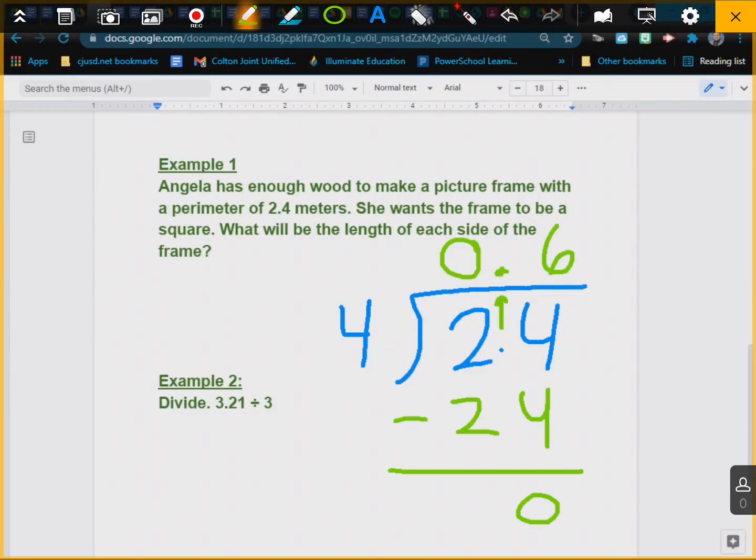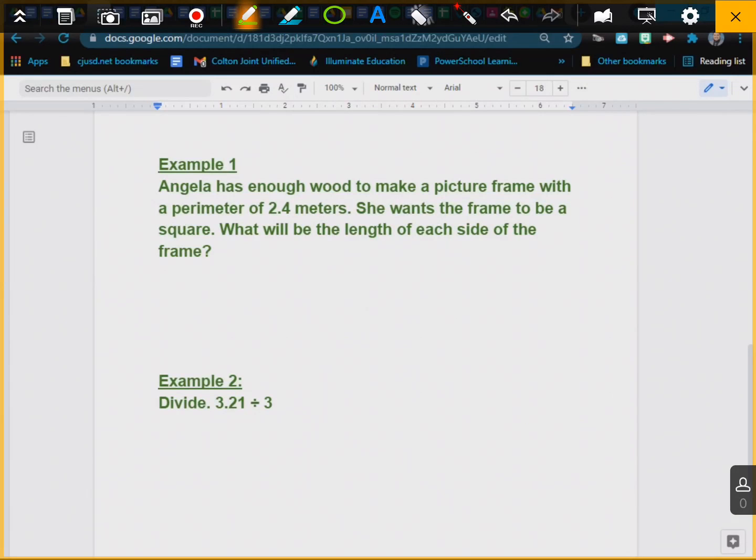I'll give you one more example. Example number 2. Divide 3.21 by 3. So we know we have 3 wholes, 2 tenths, and 1 hundredth, which is 321 hundredths if you wanted to share. So let's model it with 3.